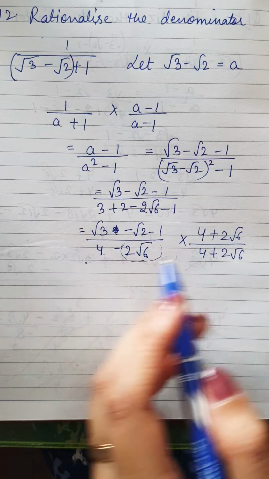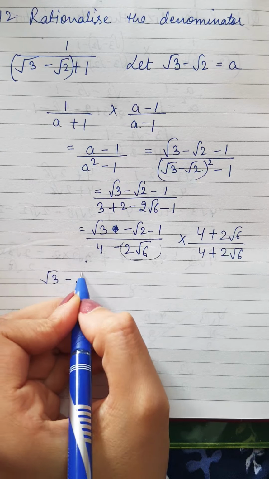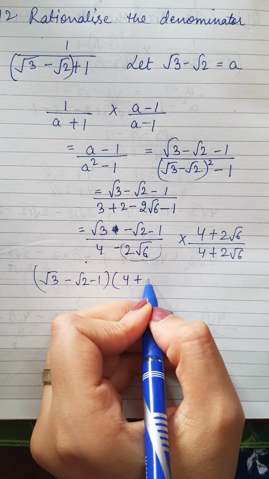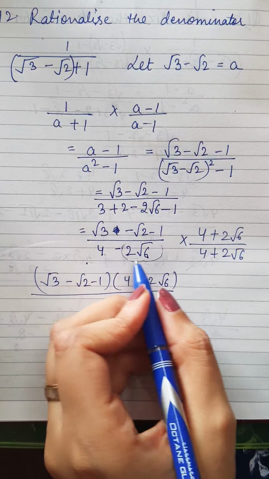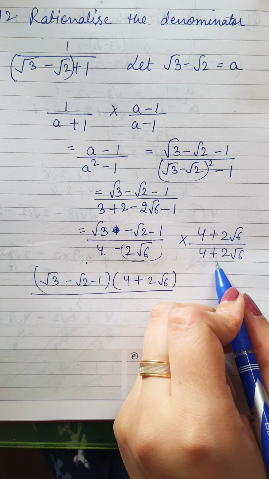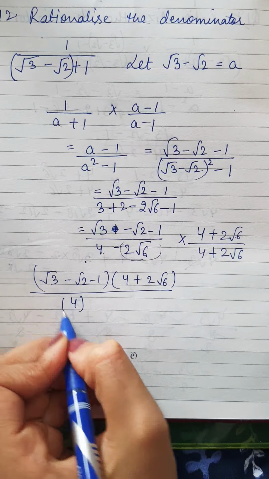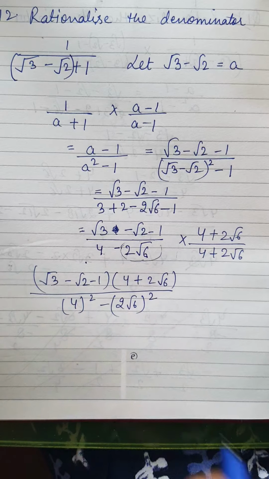Now I need to multiply these two binomials, root 3 minus root 2 minus 1 into 4 plus 2 root 6 upon, this is a minus b, a plus b. This was the only target. So square of a minus square of b.